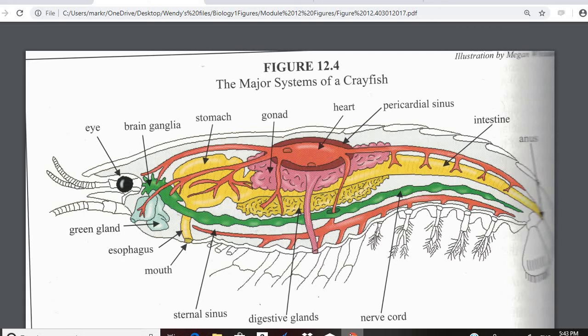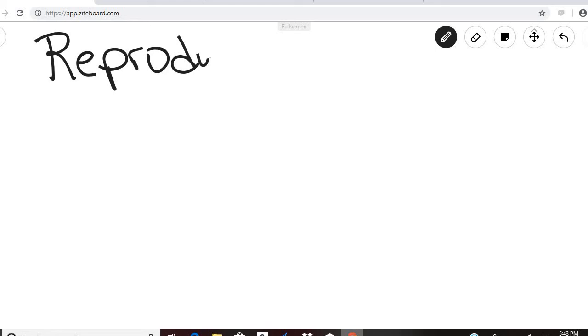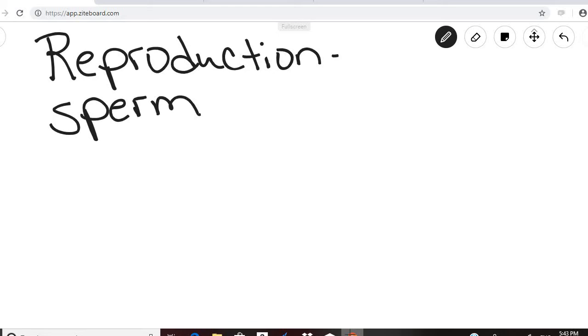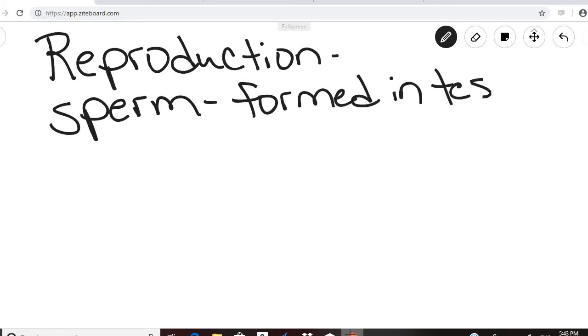So what happens in terms of reproduction is that the male forms the sperm in the testes, and then those sperm are transferred to the first two swimmerets.